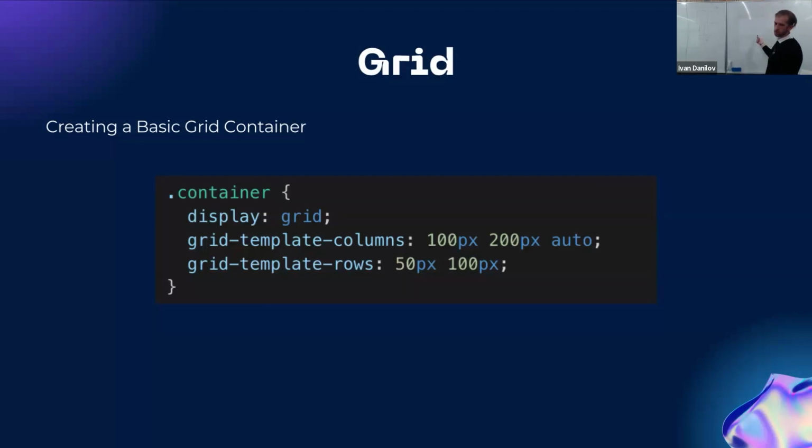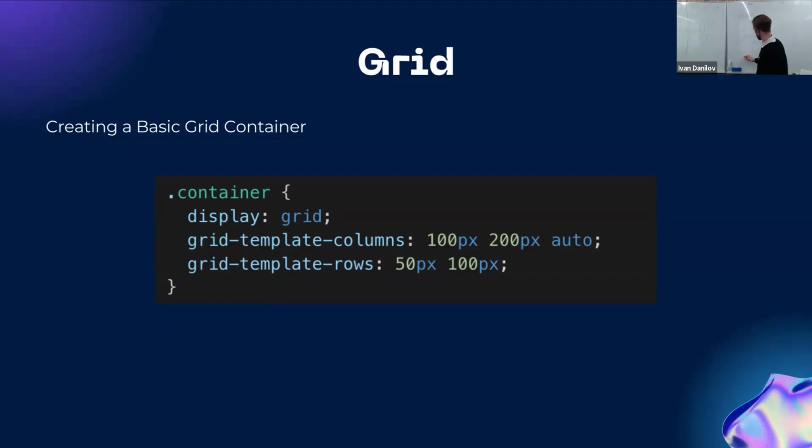And here are our columns. When we write grid template columns: 100 pixels, 200 pixels, and auto, we have here 100 pixels, 200 pixels, and here there will be all the other parts of our screen.